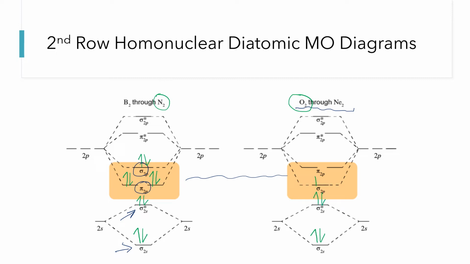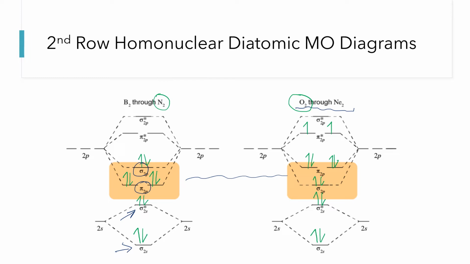The next orbital, 5, 6, and then the next set's degenerate, so we have to put them in singly first. That's 7 and 8. Then we can pair them up, 9 and 10, and then we still have 2 more to go. When we hit this pi star, they are degenerate, so electrons 11 and 12 should go in separately.